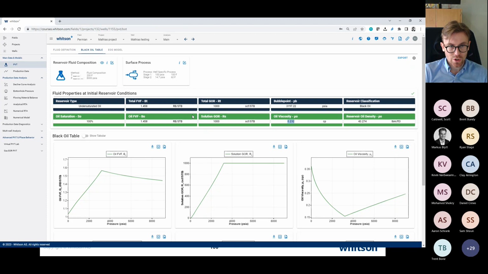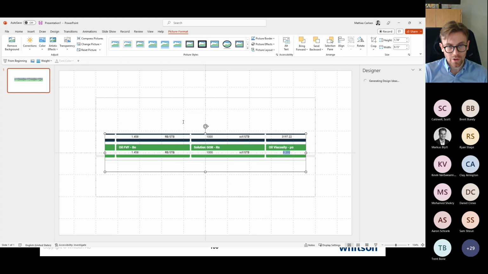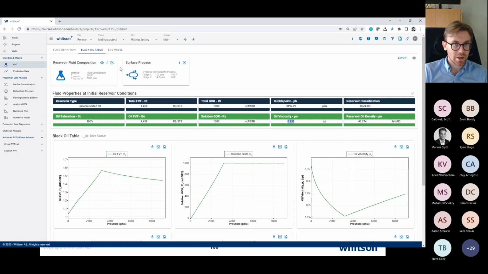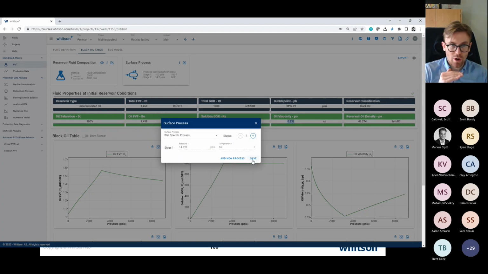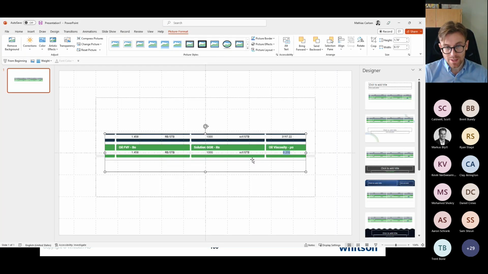If I just put them into a PowerPoint or something, so everybody remembers these numbers right here, and I keep the reservoir fluid the same but reduce the number of stages, going from a 2-stage process to a 1-stage process, that means that these properties right here will change.